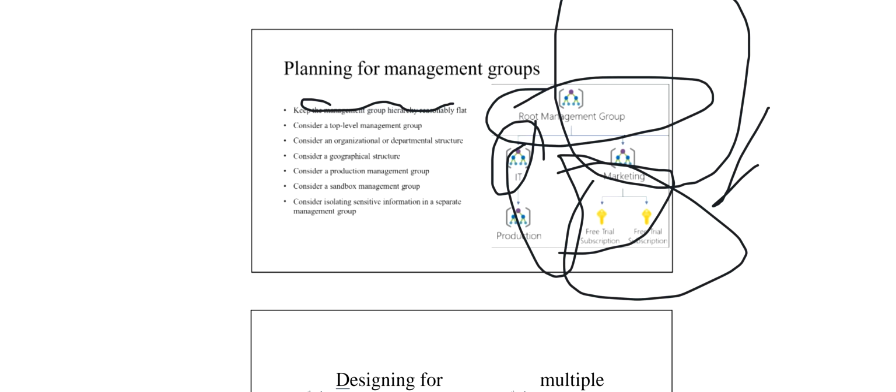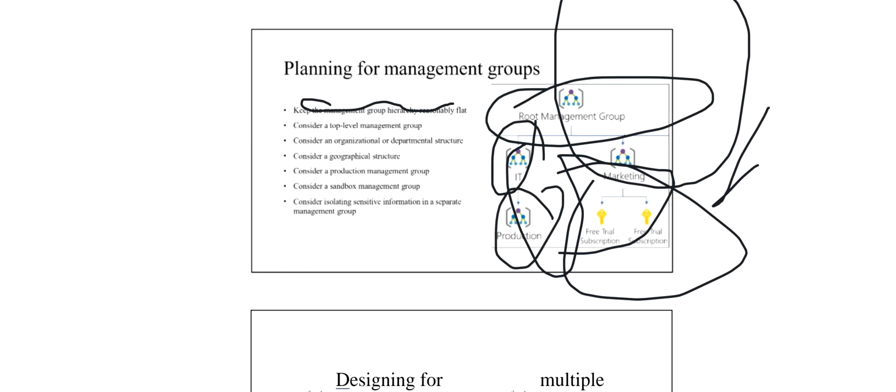So this would be considered a top level. Any roles that are defined at this level now inherit down to production and any subscription under that production.